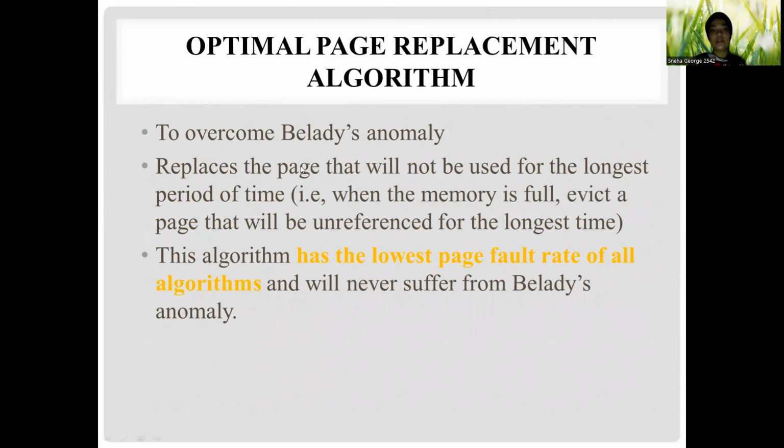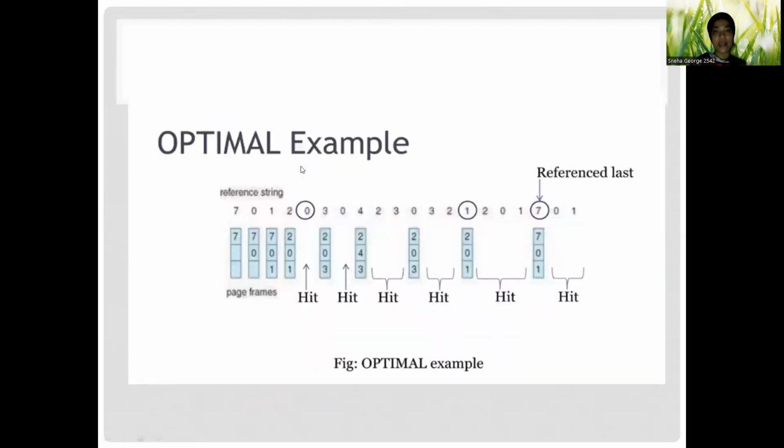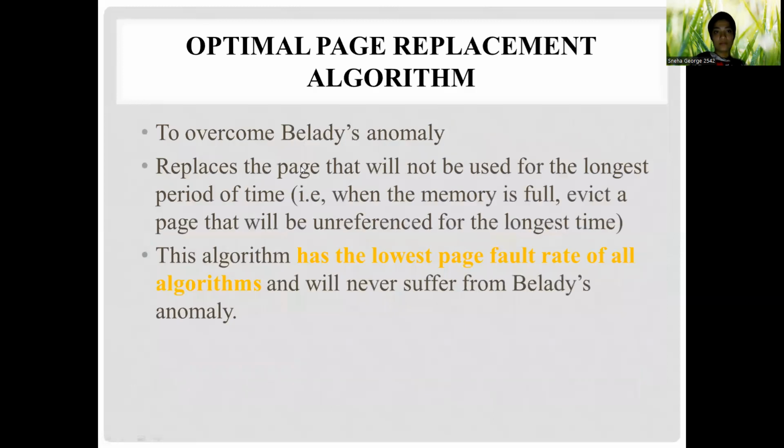So in the optimal page replacement algorithm, it will replace the page that will not be used for the longest period of time. When the main memory is full, the page that will be unreferenced for the longest period of time will be replaced.